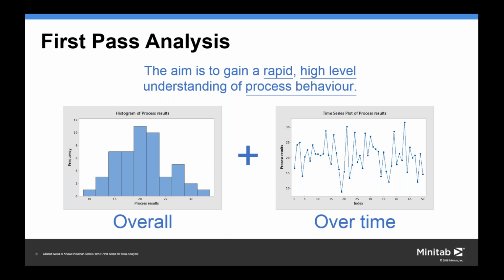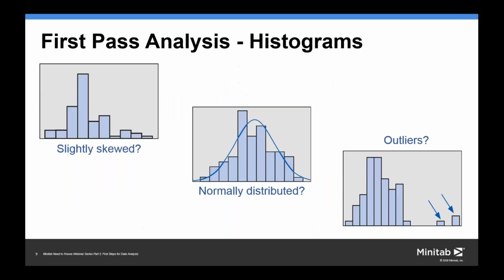I'm going to take a quick look at what some of those things might look like. So with histograms, where we're trying to understand the overall shape of the distribution, we're interested in things like whether the distribution might be skewed in one direction or the other, as we can see in the top left here, where some of the results tend to be leaning towards the left-hand side.